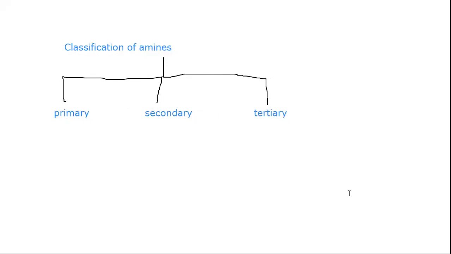So we have three types of amines: primary, secondary, and tertiary.